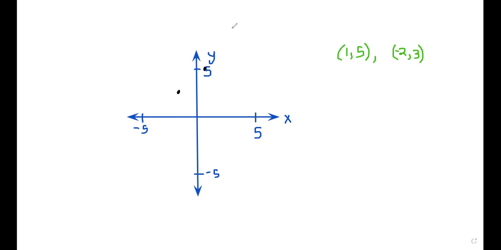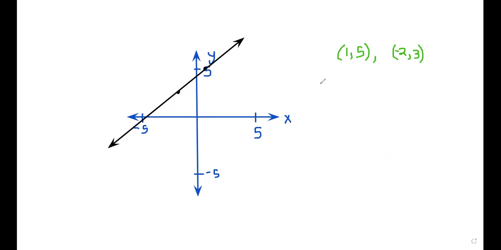Again, it's pretty rough. It doesn't really matter too much for our purposes. And now we'll draw this line through those 2 points. All right, so that is our line right there. And now we're going to find out the slope of that line, how steep it is.